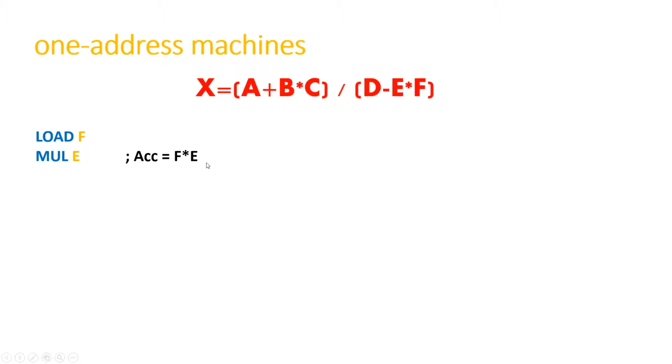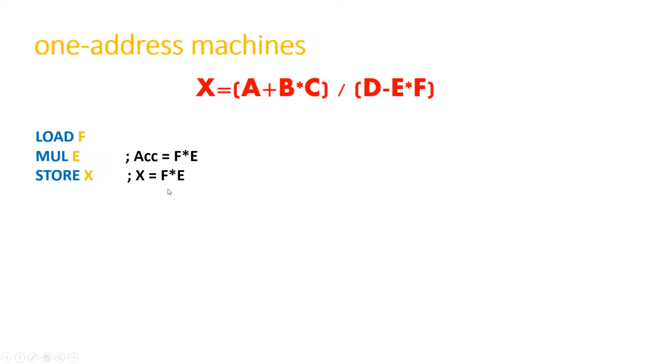So the AC will be equal to F multiplied by E. Then we want to store the accumulator value inside X. So we use store X to store the accumulator value, which is F multiplied by E, inside X.